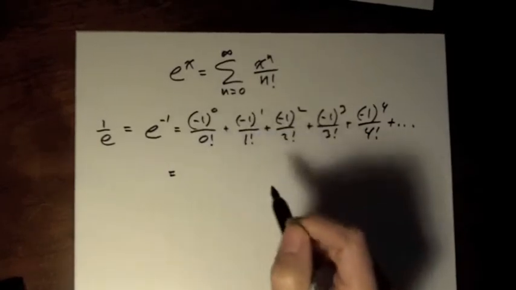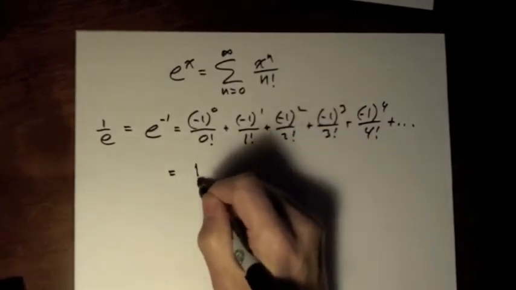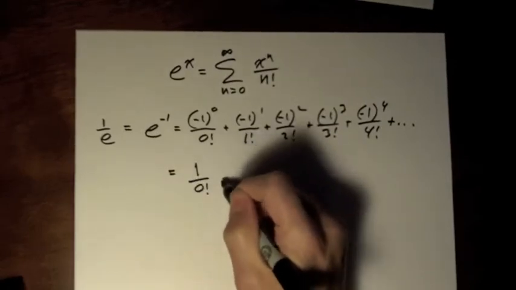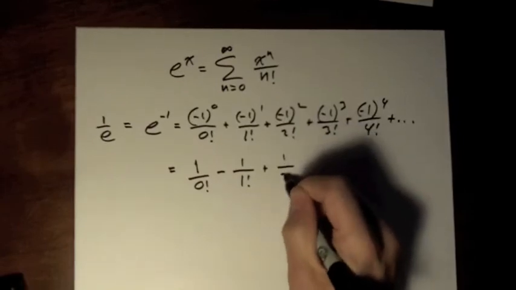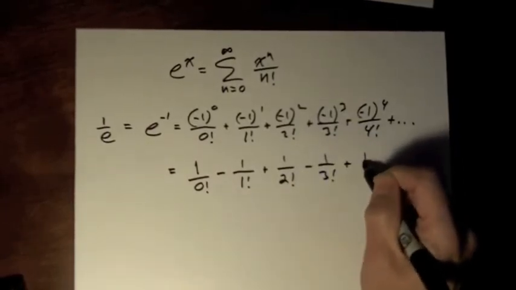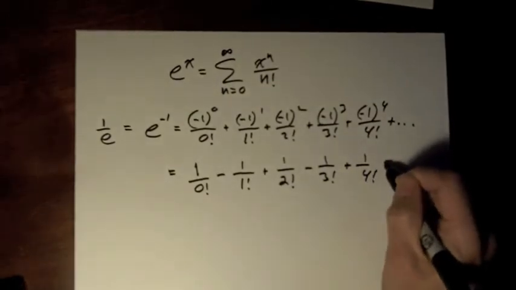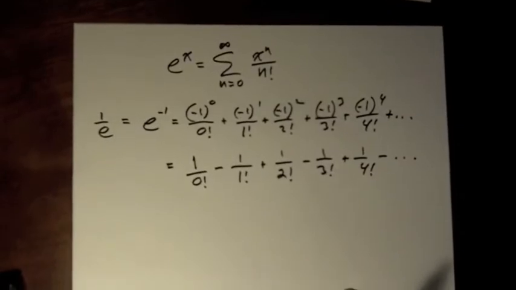Well, what does that equal? That equals 1 over 0 factorial, minus 1 over 1 factorial, plus 1 over 2 factorial, minus 1 over 3 factorial, plus 1 over 4 factorial, etc. Well, that's pretty cool.